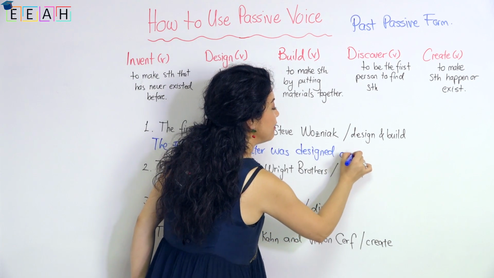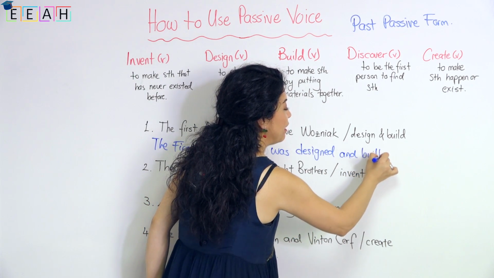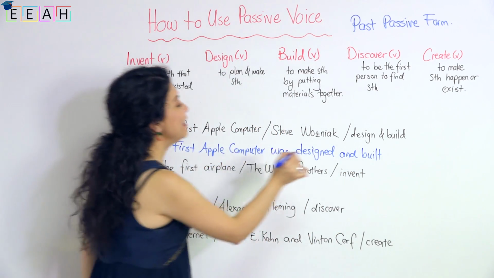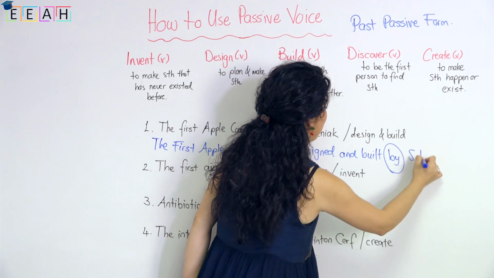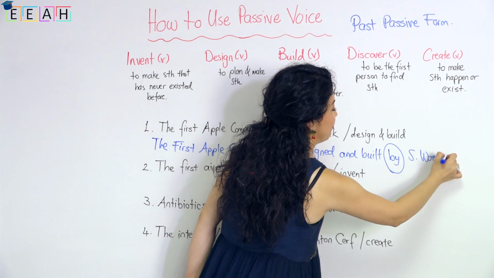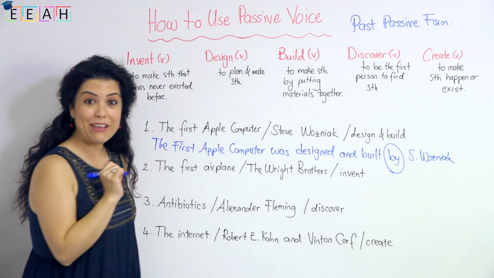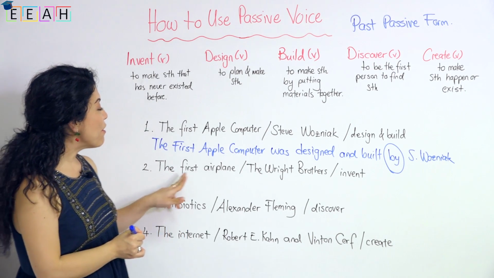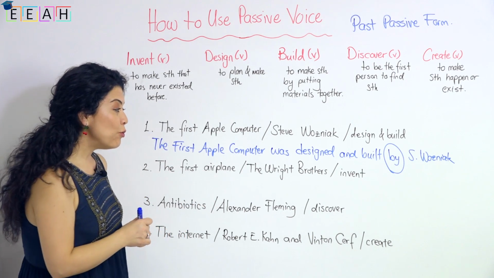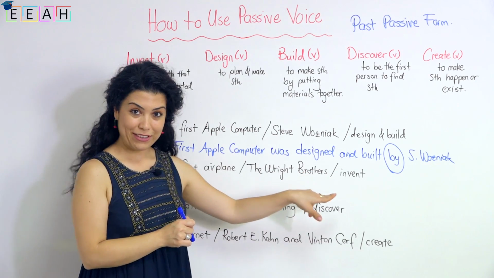Designed and built. If I want to mention who did it, I need to say by, okay, Steve Wozniak. Okay, cool. Another example. This time we are thinking about the first plane, okay? The first airplane. Who invented it? The Wright brothers.